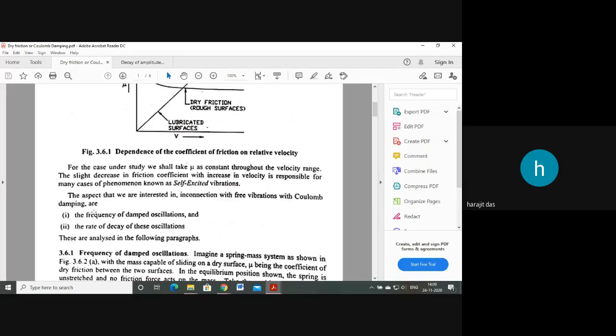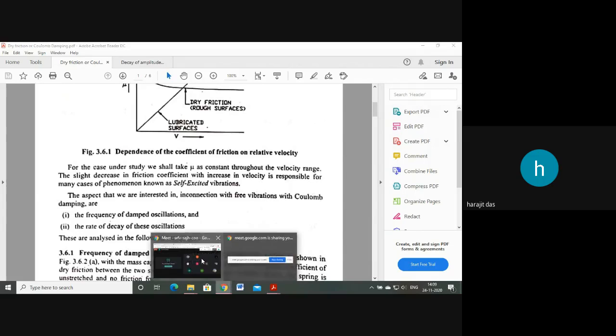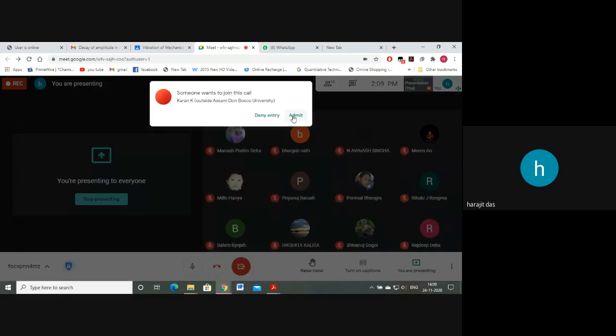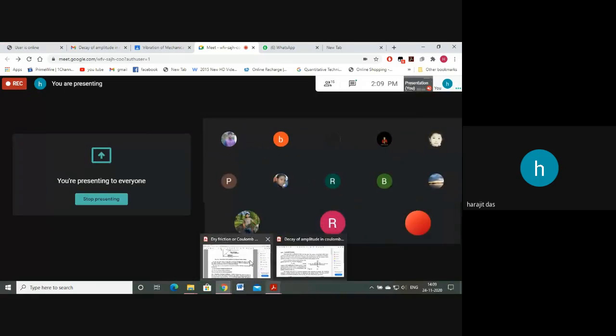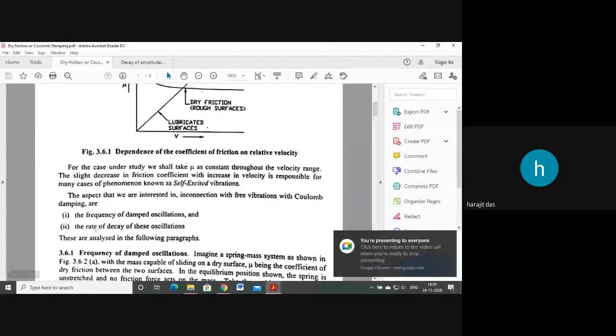So first one, because this is damped vibration, first we will need to find out the frequency of damped oscillation. In each type of vibration, we found out the frequency of oscillation, frequency of motion. And the other thing, the rate of decay of these oscillations.